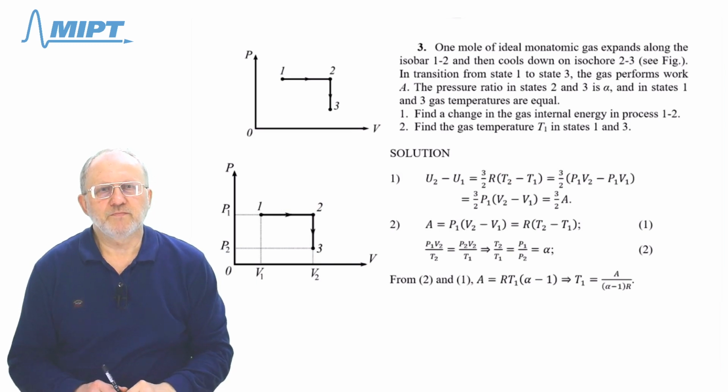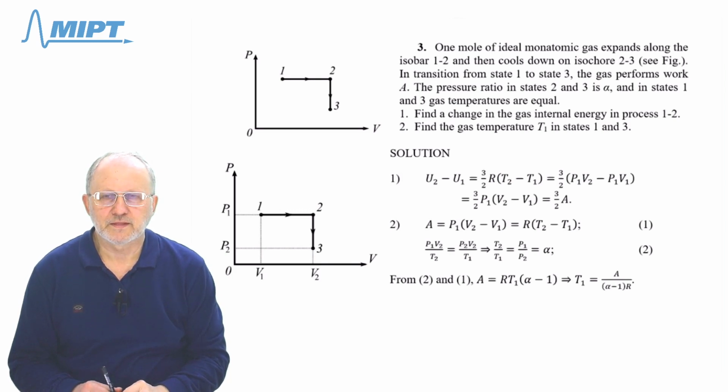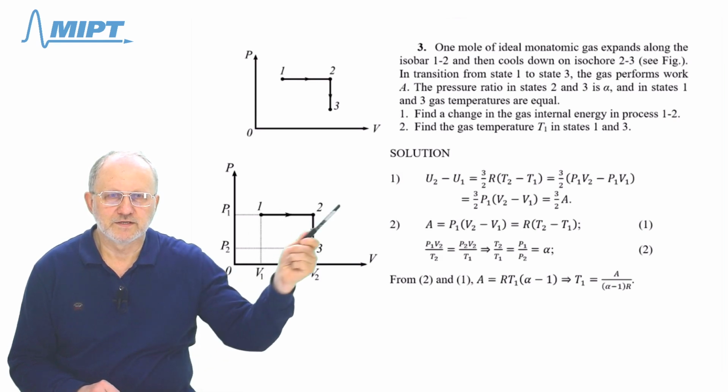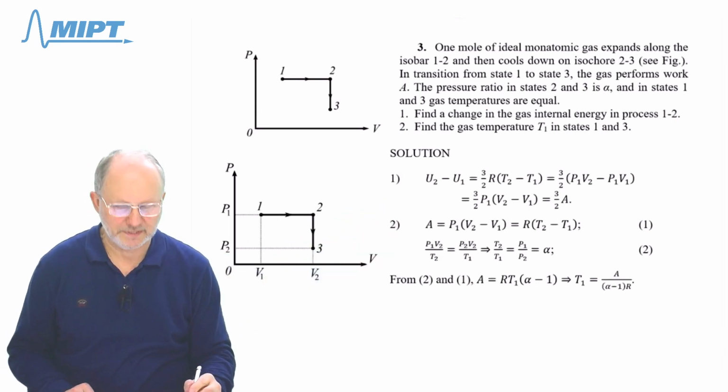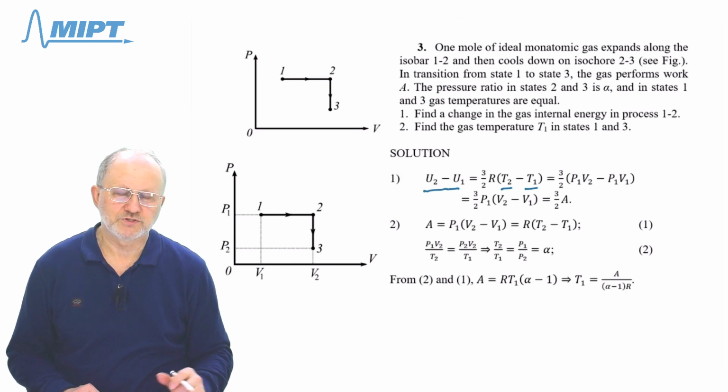The first question: find the change in the gas internal energy in process 1-2. The solution to this question is very simple. The internal energy of the gas can be expressed using the temperature of the gas. And so the temperature difference, or the change in temperature, gives the change in internal energy.